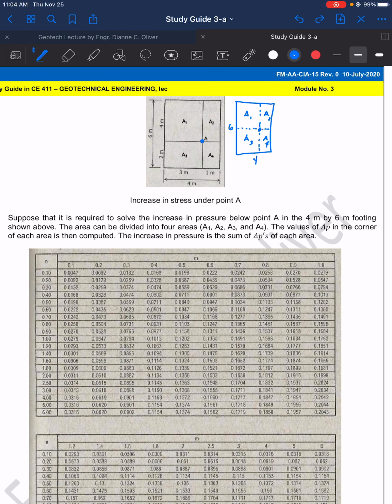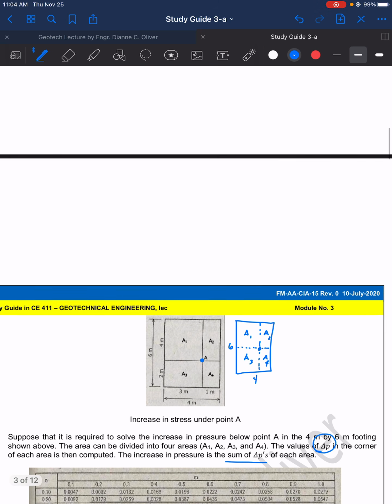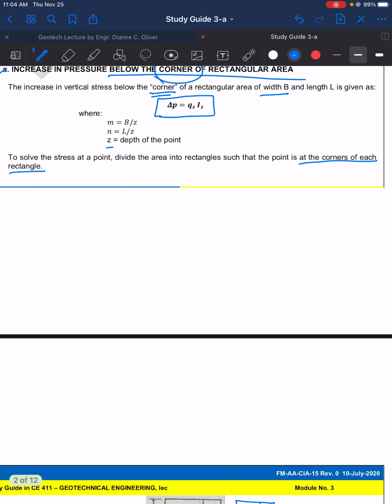The values of delta P in the corner of each area is then computed. The increase in pressure is the sum of delta P's of each area. Okay? And then, going back to the formula, so this is our formula for this case.